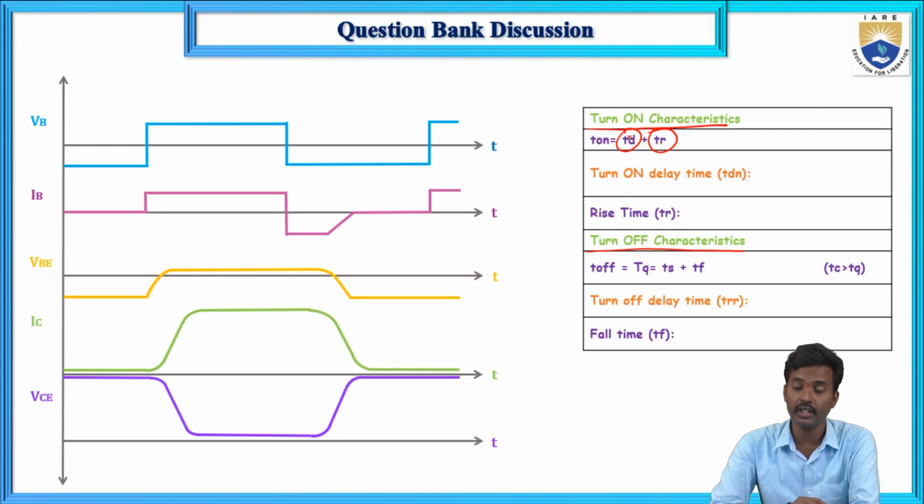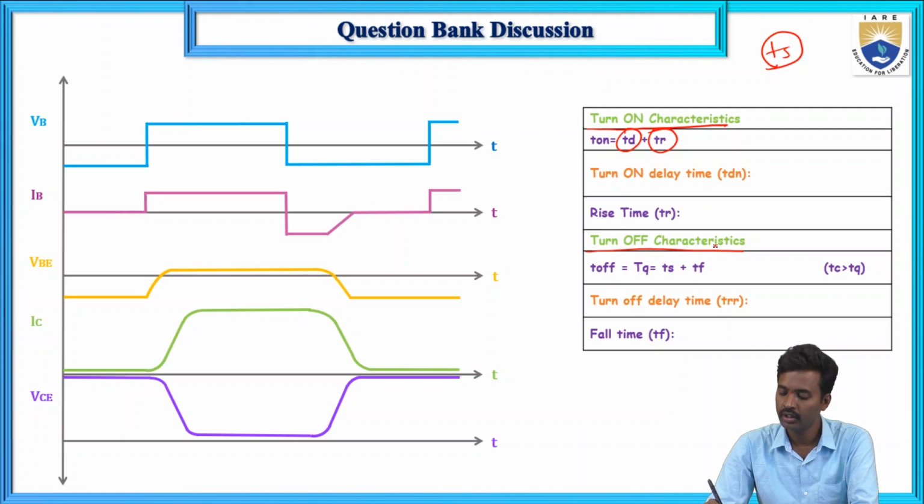In the SCR case there is a TS, spread time, but there is no spread time here, only TD and TR. And here another one is the storage time TS, and delay time TD.